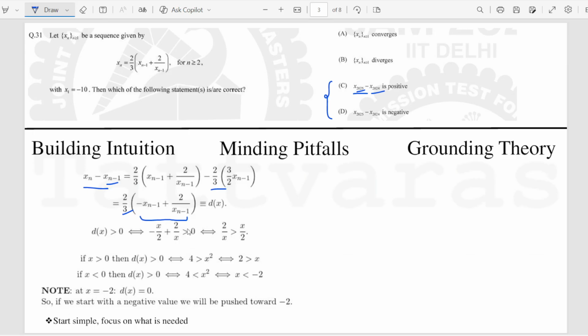And in order to study it more analytically, we just take it as an equivalent function d(x). I chose the letter d because d for difference. Now, our intention is to check whether the difference would be in general positive or negative. It's a starting point. Later, if needed, we will come to specific values as well.